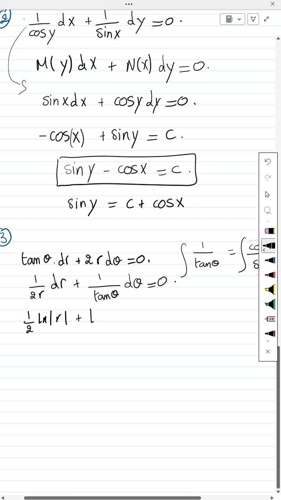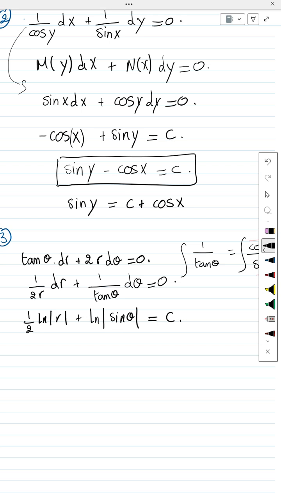Ln the absolute value of sine theta is equal to c. You can do some simplification for this, or keep it as it is. We just need to multiply by 2.